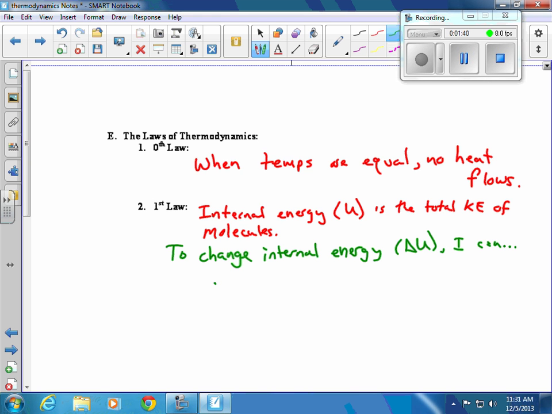So one way I can do it is to add or remove heat. Heat is Q, so I can add it or remove it, so plus or minus Q. The other way I can do it is to do work on the gas by compressing it.